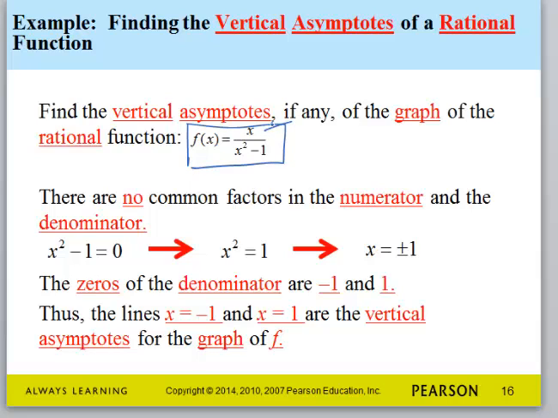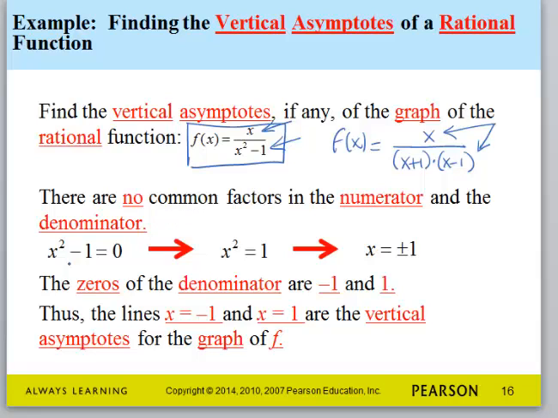First, you need to compare the numerator and the denominator and make sure they don't have any common factors. If you were to factor the denominator, x squared minus 1 is a difference of two squares, which can be factored as x plus 1 times x minus 1. And when you compare the numerator and the denominator, they have no common factors. So we can proceed to find the vertical asymptotes.